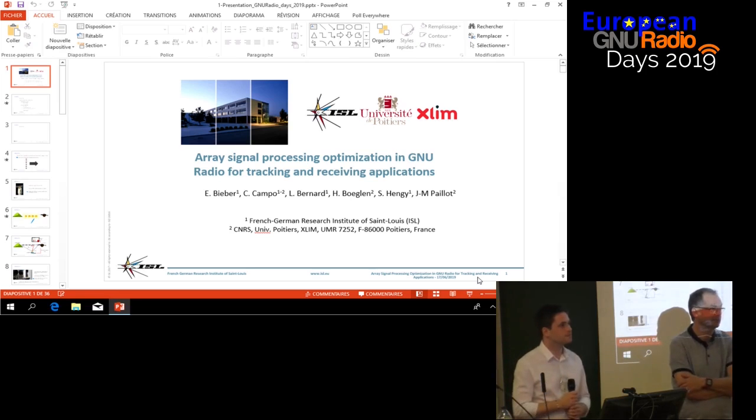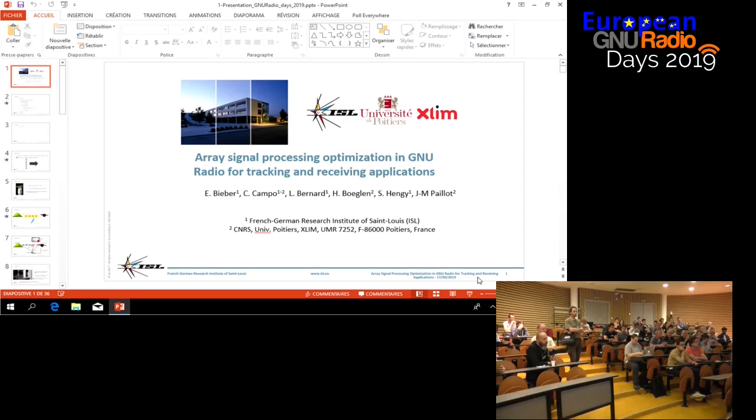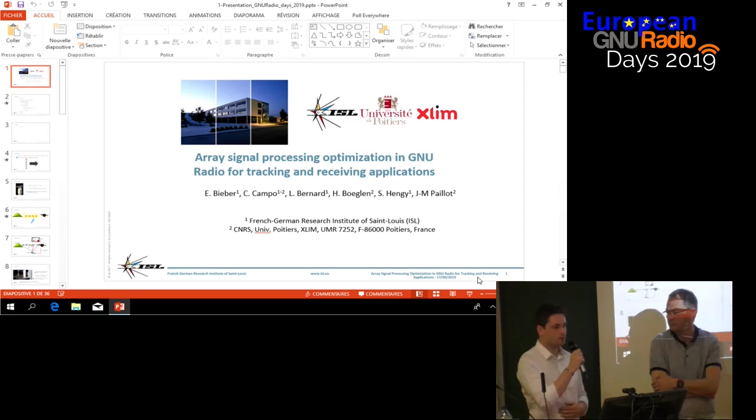I'm not familiar with your work, but do you already steer the transmission towards the projectile? I think for this specific application that we showed here, the transmitter was omnidirectional. We have been performing directive transmissions on projectiles in previous studies.